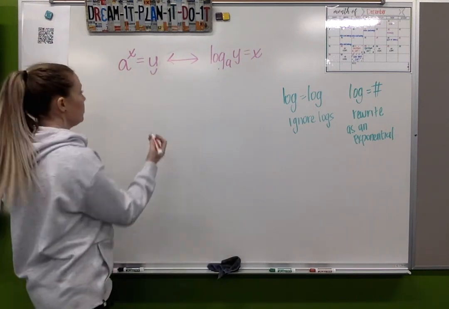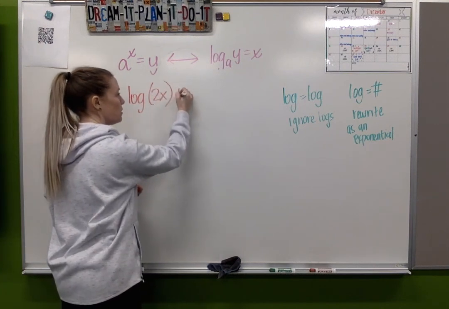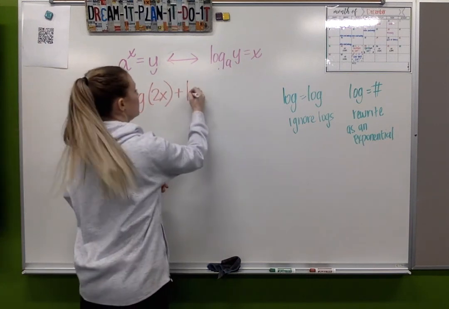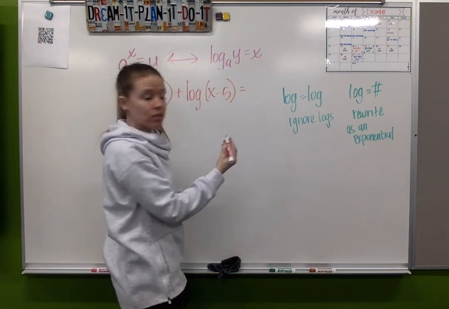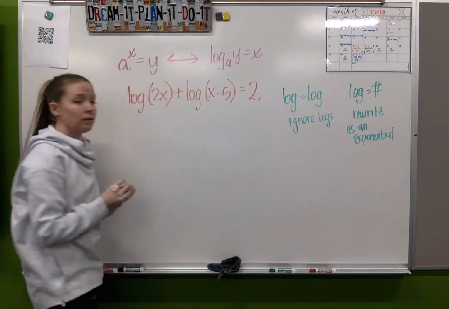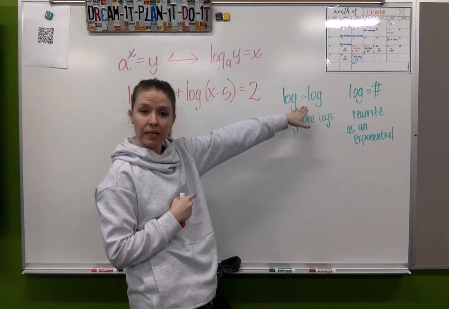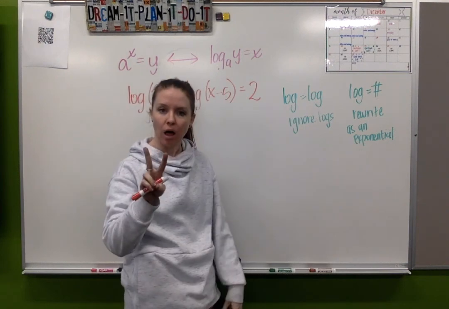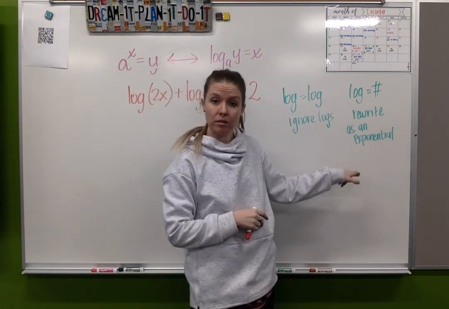This example, if I have the log of 2x plus the log of x minus 5 equaling 2. I don't have one log equaling a number. I have two logs. But I can only do this if I have one.